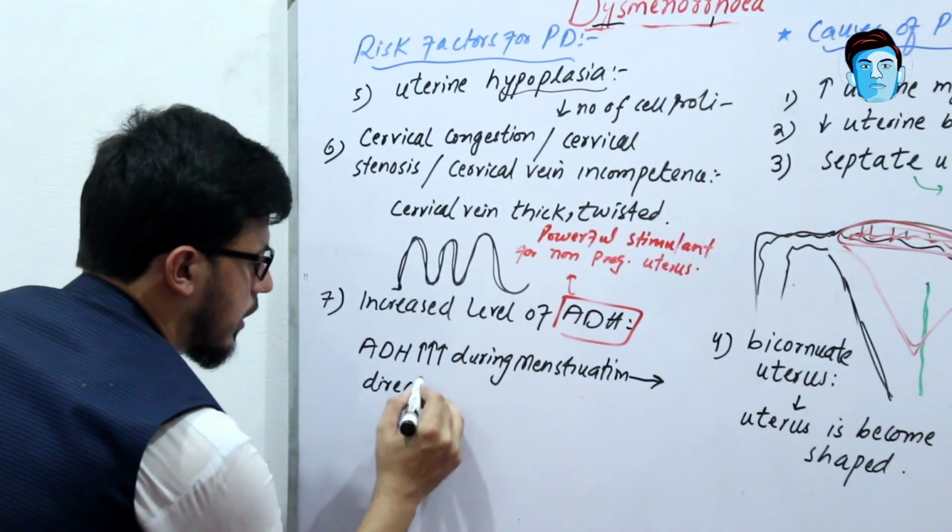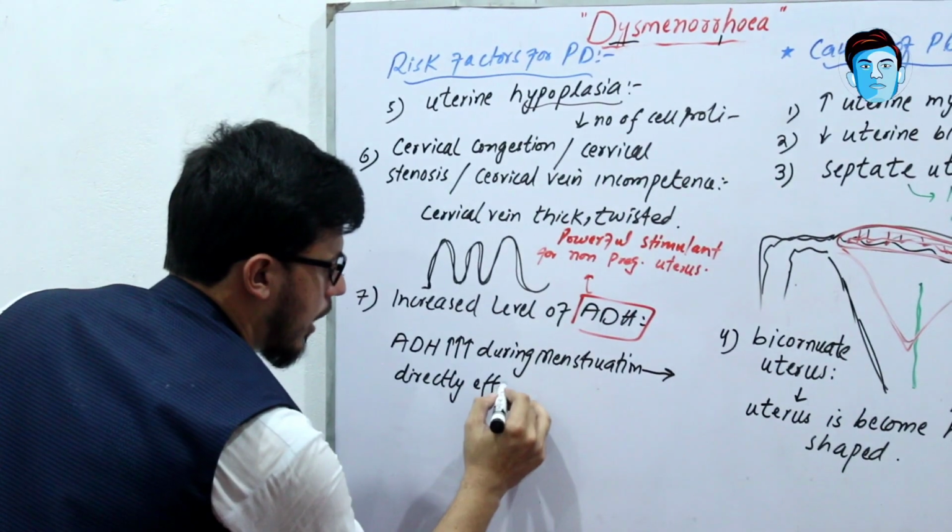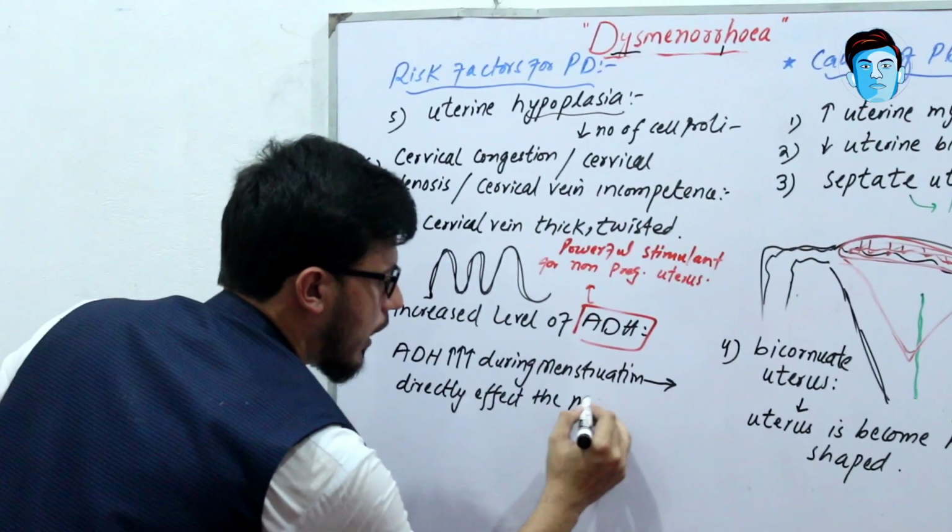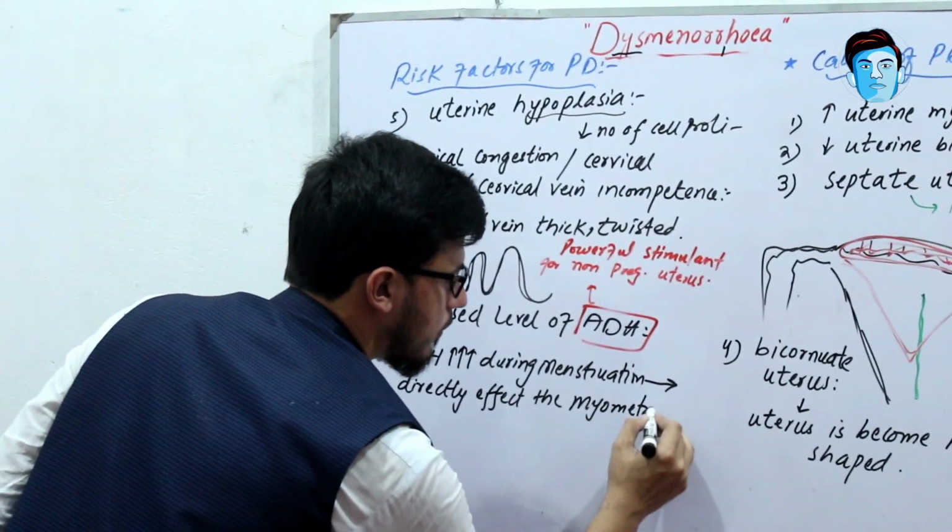It directly affects the myometrial layer, which is the middle layer of the uterus.